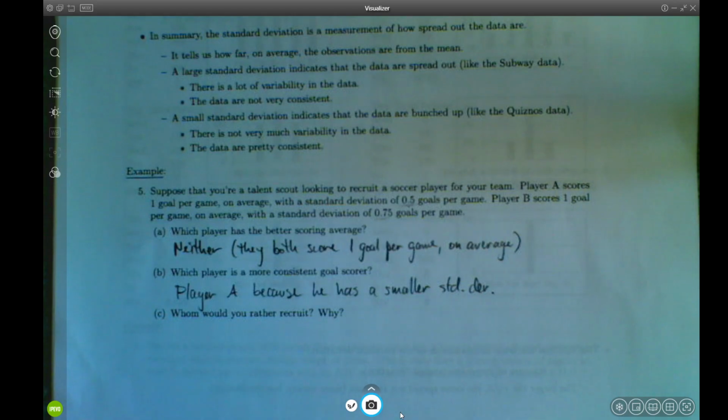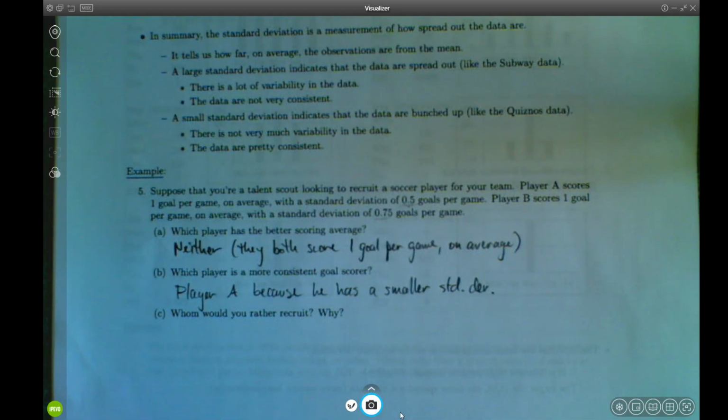Now part C asks, whom would you rather recruit and why? I don't think there's necessarily a right or wrong answer here. You might say player A because player A is more consistent. Then again, you might say player B, because there's more variety, and so maybe player B is less easy to predict.